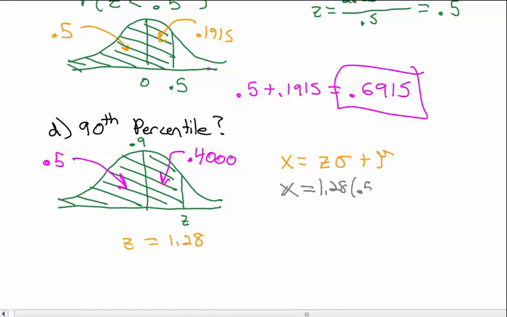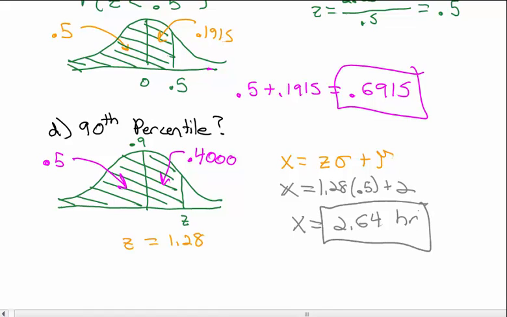Sigma we know is 0.5 hours, plus the mean, which we know is 2 hours. So on my calculator, 1.28 times 0.5 plus 2, x is 2.64 hours. 2.64 hours marks the 90th percentile. That means 90% of computers are used less than 2.64 hours. So we can use the table in reverse.